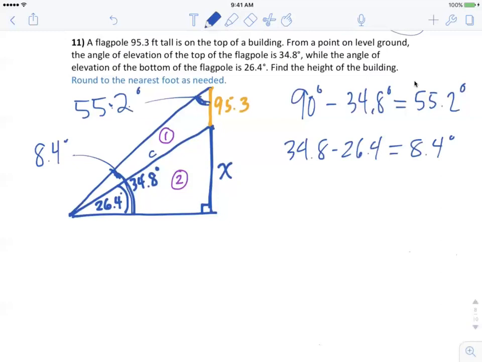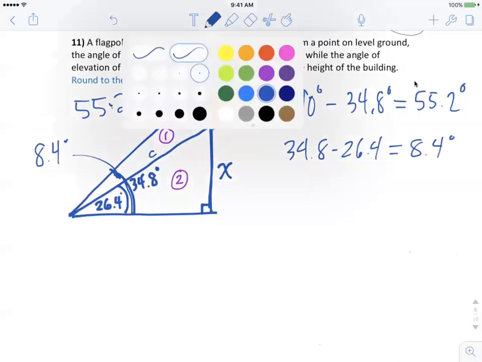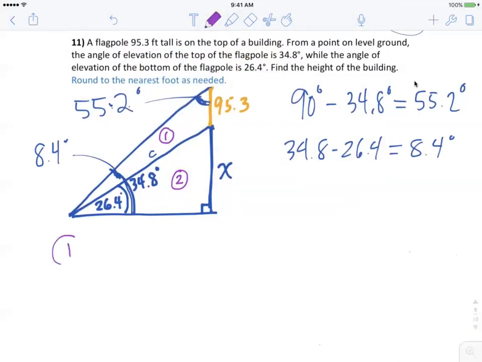Now I'm kind of set up. I can find C using the law of sines, right? I'm thinking about triangle 1, where I have an angle and another angle, and we have the side of 95.3. So that's side, angle, angle.